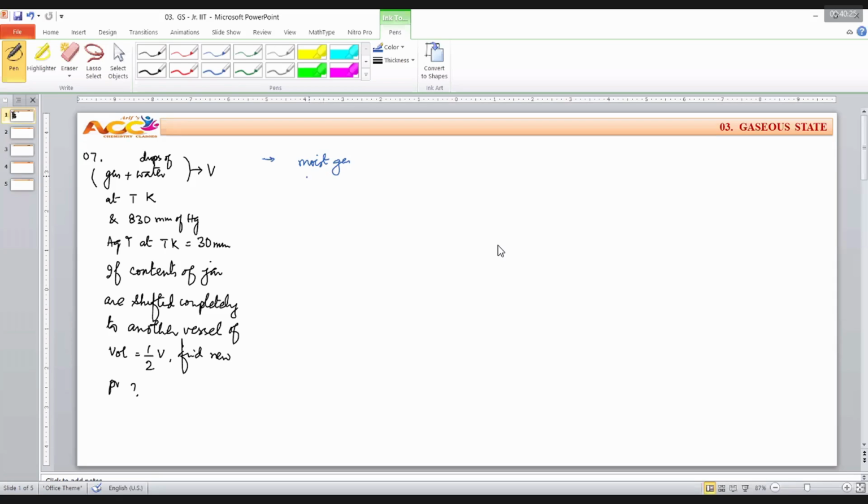Moist gas. When you are having moist gas, temperature is constant. Therefore, we can say, sir, P1 V1 is equal to P2 V2. चलिए. What is P1? Pressure P1. 830 millimeter of Hg. No, sir. 8 into volume V is equal to, once you are talking about P2, what is P2?